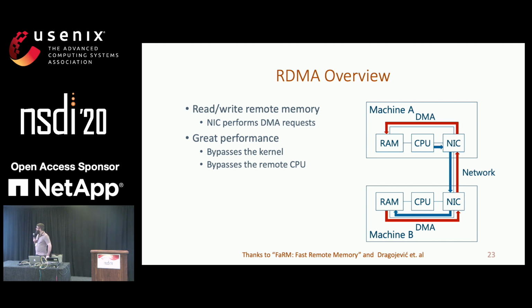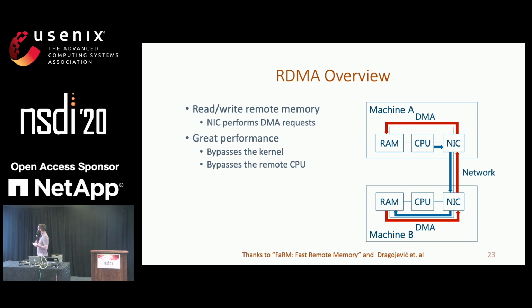Okay, why are we going to RDMA? It's because one of the reasons here is it provides one-sided networking. Okay, what we see here now with one-sided networking is we have machine A access memory on machine B, bypassing the remote CPU.